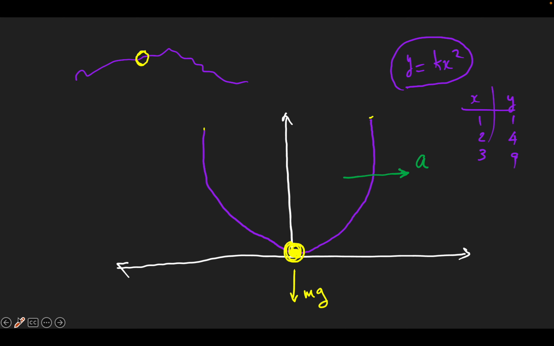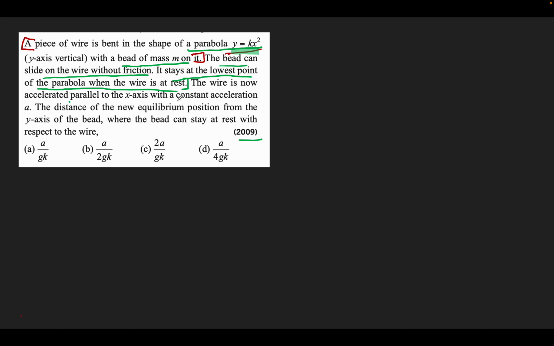So naturally, the bead must have moved to some other location. Let's see what the question says. The wire is now accelerated along the x-axis with a constant acceleration a.